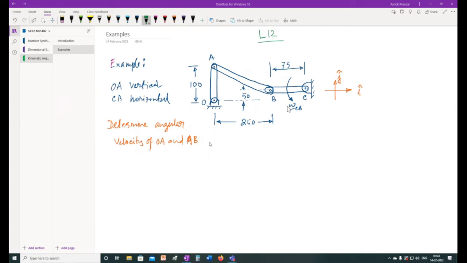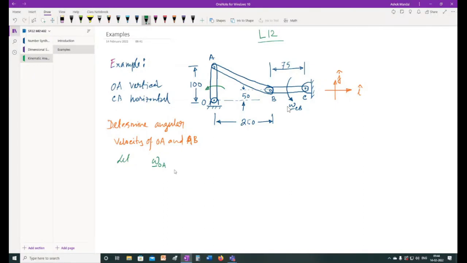Let's start. Whatever we have derived in our last class, we'll be using those derivations. Before we do that, let us see what the given data are. We are calling this omega OA a vector, but we don't know in which direction this link is rotating.